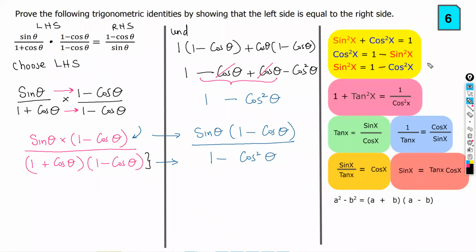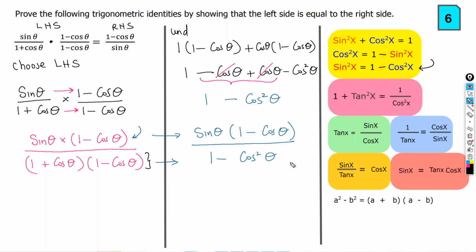Do you all see that we can use this guy here? 1 minus cosine squared is the same thing as sine squared. So we could throw this away now. I'm running out of space here, so I need to erase this. Make sure I have everything written down, because I need to erase.